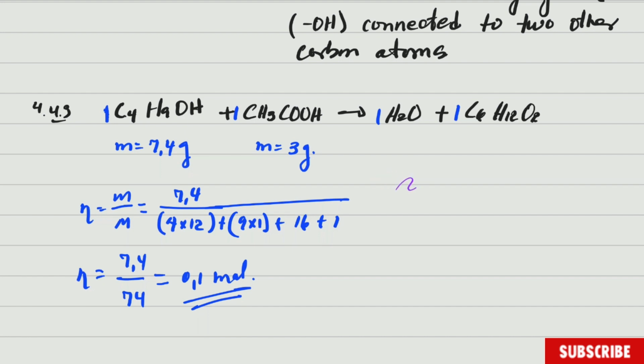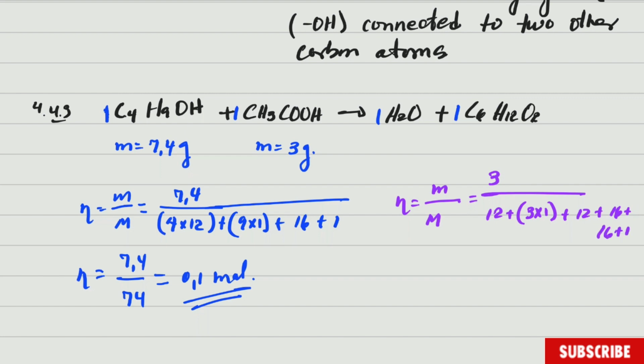Now we are going to do the same for the acid. So number of moles is equal to the mass of the acid that reacted divided by the molar mass. So what we substitute here is 3 divided by the molar mass of the acid, which is 12 for 1 carbon there, plus 3 times 1, that is for the 3 hydrogens, plus 12 plus 16 plus 16, I'm going to write it at the bottom here, plus 1.